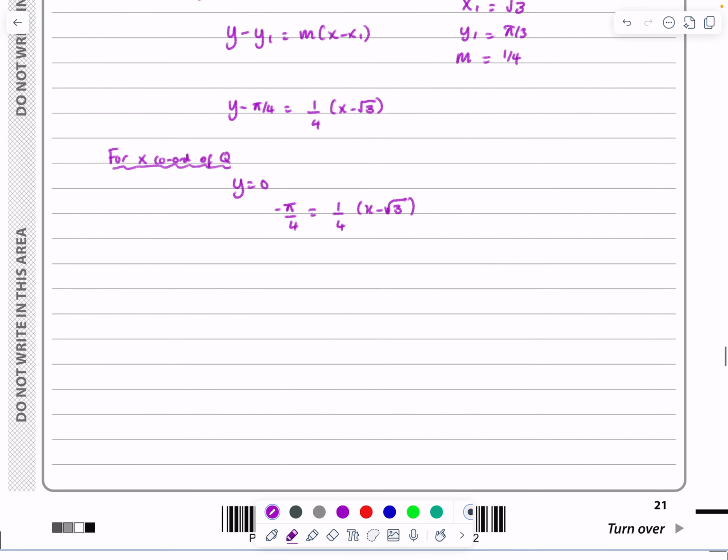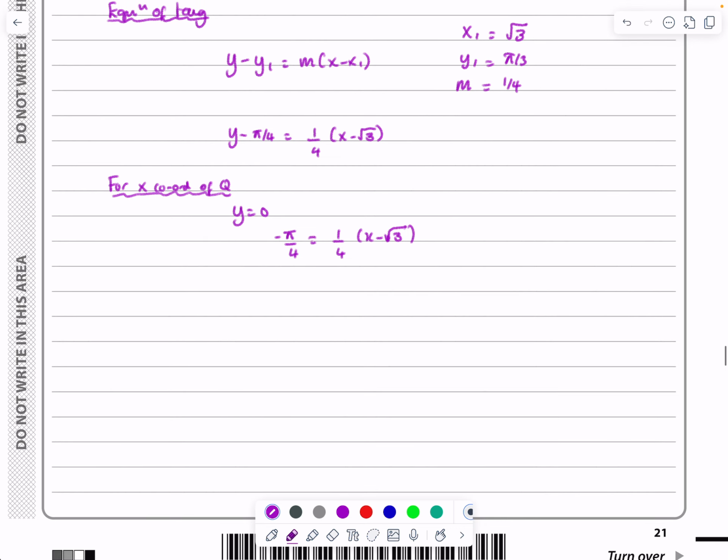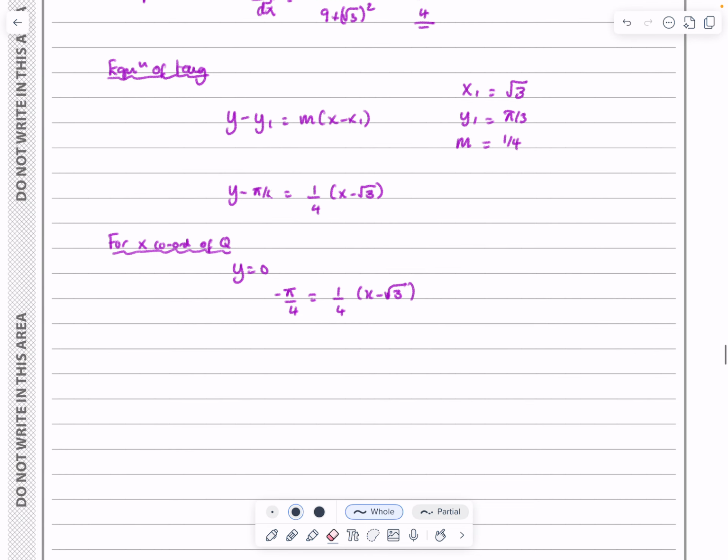Apologies, that should be pi over 3 and that should be pi over 3. That's why it's nice to have the values over here, so you can keep checking and then suddenly see that you've made a mistake in subbing in. But I've got that situation.